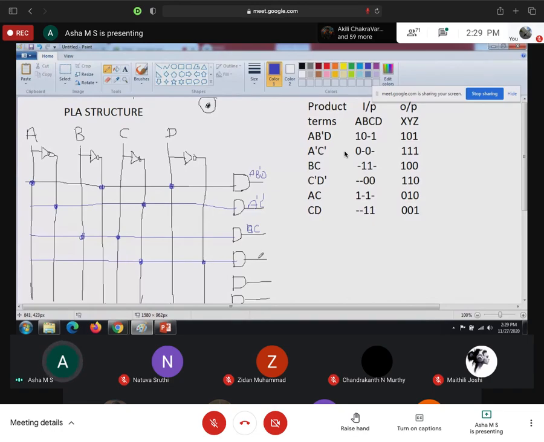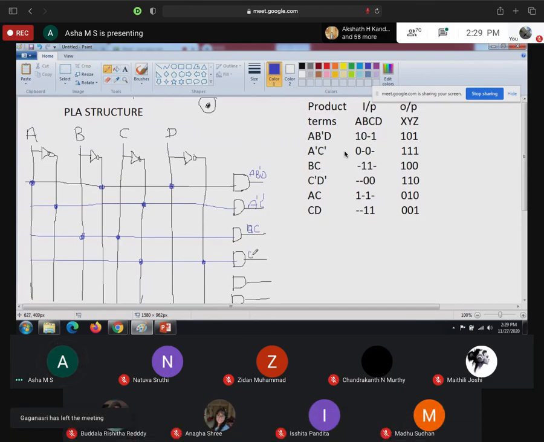Take these two as inputs and connect them to the fourth two-input AND gate. As a product you will get C bar D bar. Next product is AC. A is here, C is here. Connect these two inputs to this two-input AND gate and you will get the product AC.